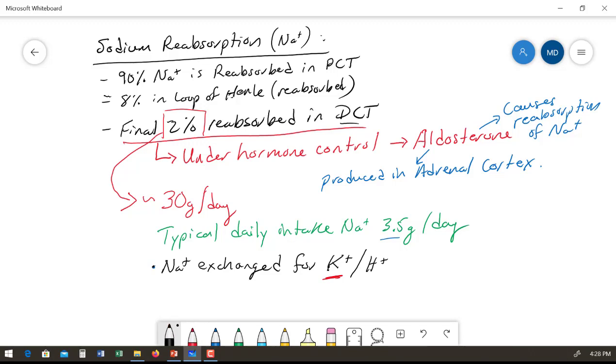In other words, potassium will move from the blood into the filtrate in exchange for getting sodium from the filtrate back into the blood. So there's basically an exchange. So this is an antiporter then, is how you would think of this, that we're getting an exchange of sodium for potassium through an antiporter pump where they're moving in opposite directions.